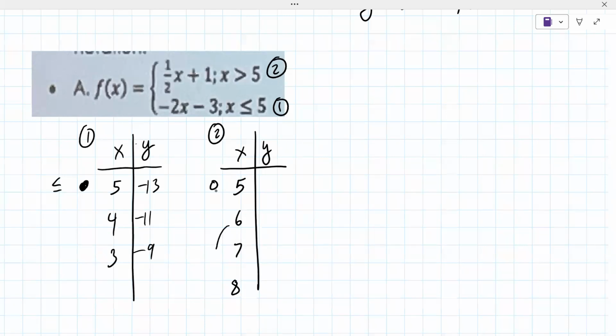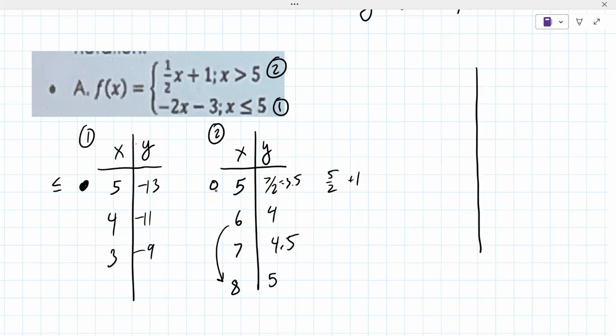You might skip the odd ones, but you have to do the endpoint. So it's 5/2 plus 1, which is 7/2, 3.5, to help graph. 6 ends up being 4. 8 ends up being 4.5. So you get a sense of what the graph is doing, and then you just graph it.